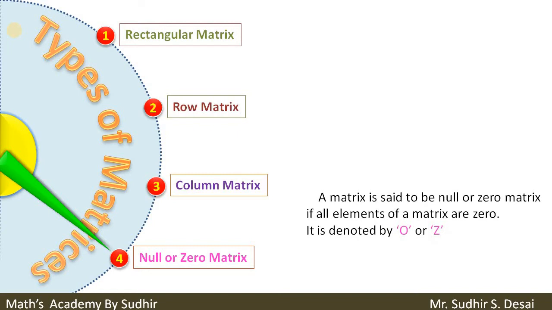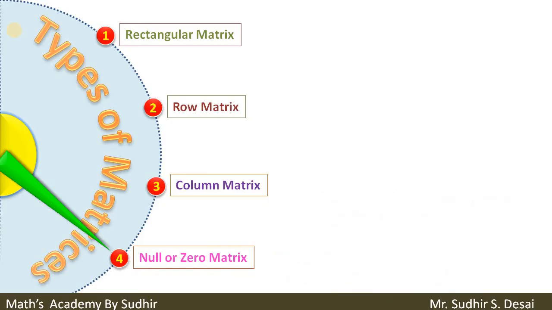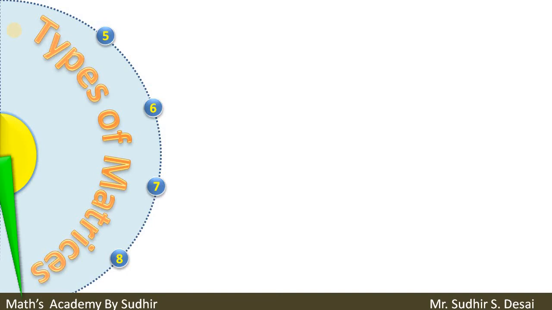And normally it is denoted by the letter O or Z. For example, matrix O, 0, 0, 0, all the elements are 0 and the order of this matrix is 2 by 2. Again, the matrix Z, elements 0, 0, order of this matrix is 2 rows, 1 column, 2 by 1. As all elements are 0, so it is a null or zero matrix.